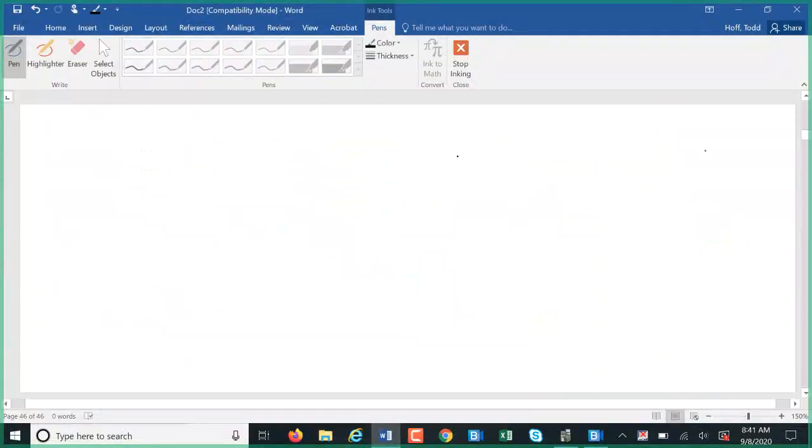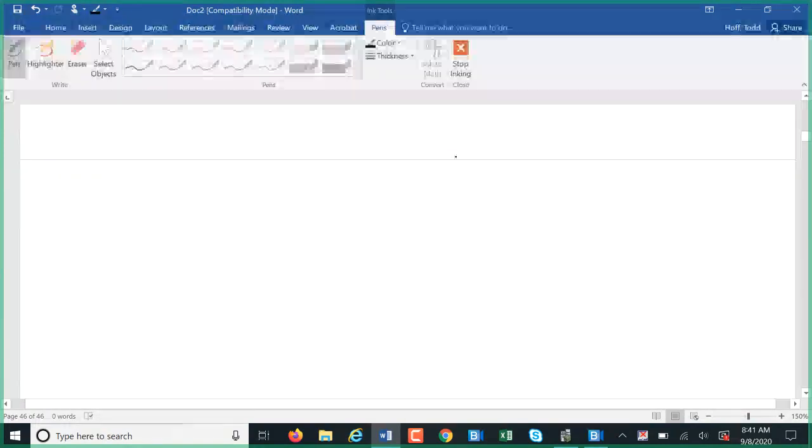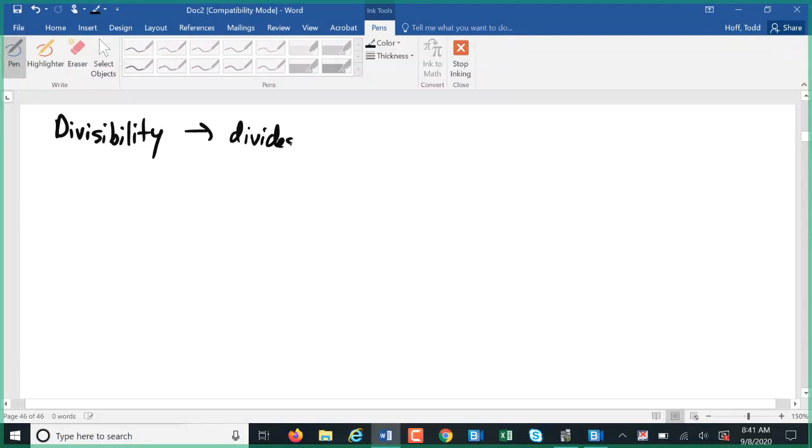Okay, then let's go ahead and wrap up our last topic here for Unit 1. And we're going to talk about, first part of it, something called divisibility. Divisibility means that it divides without remainder.